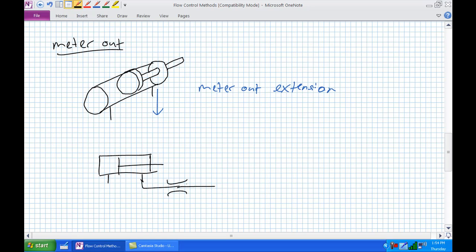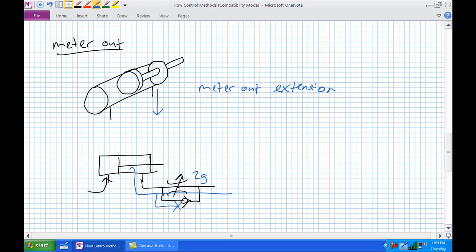We want to control the flow rate leaving the rod end. So all flow has to go through that flow control valve. Okay, so for this the same setup right here. So we are having a meter out extension, regardless of the flow rate capable of entering this end right here. It doesn't matter because we are limiting it.